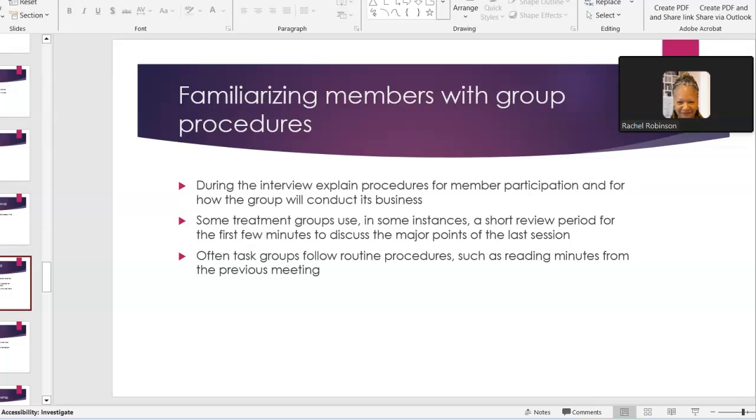Once again, group procedures, it's important that they become familiarized with them, and to do as much explaining as possible in terms of participation, how the group will proceed, et cetera, because you don't want someone to sign on and then they get into the group and they are flabbergasted. There's nothing about the group that you talked about.